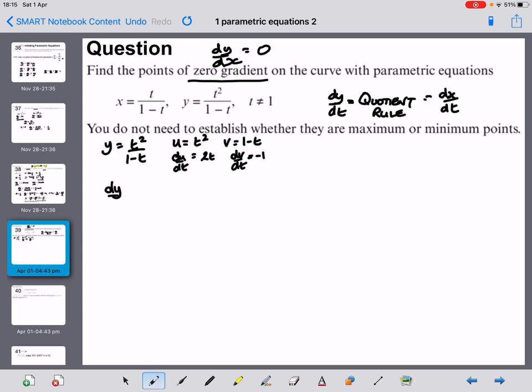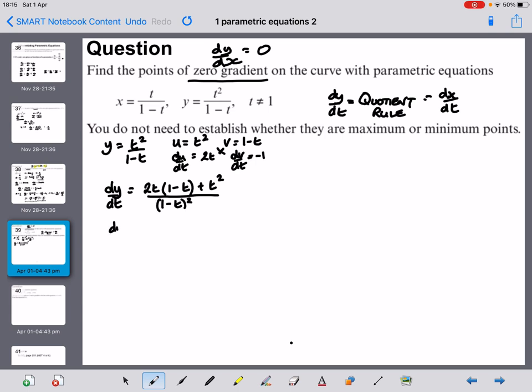So dy by dt will be v du dt, so 2t, 1 minus t, minus u dv dt, so that's minus t squared, so that's going to be plus t squared, over v squared, which is 1 minus t all squared.